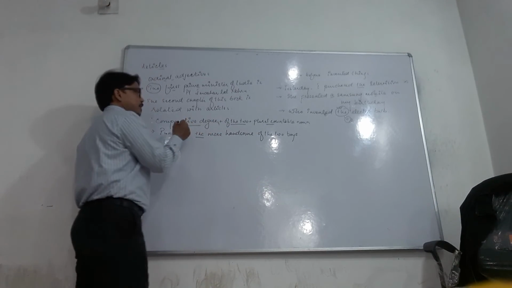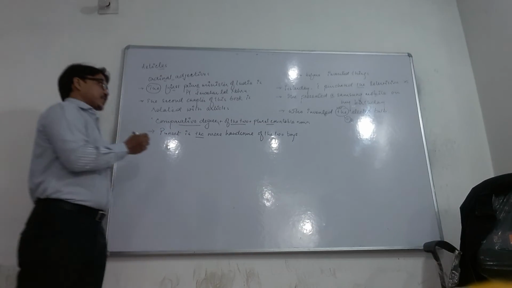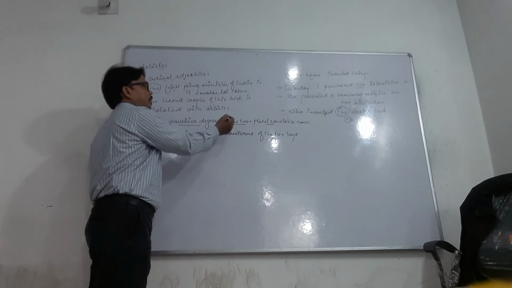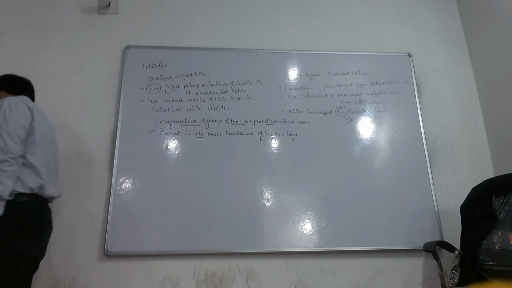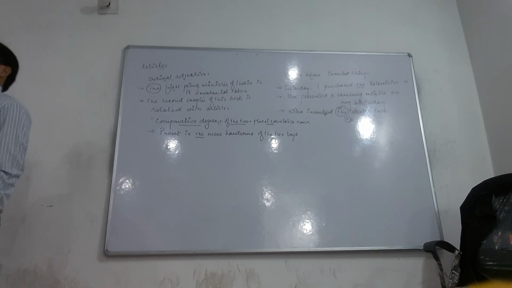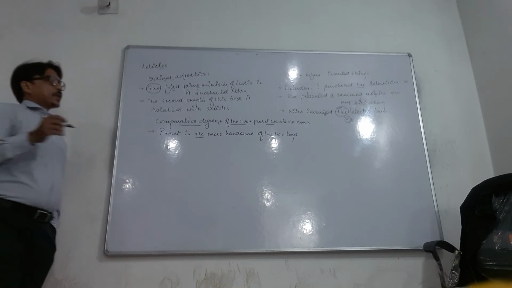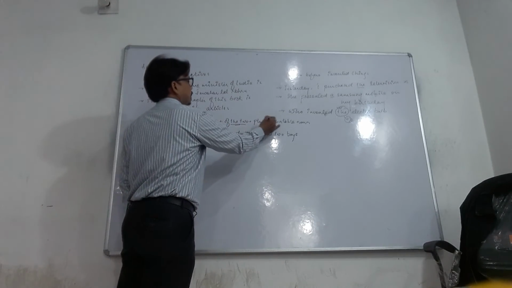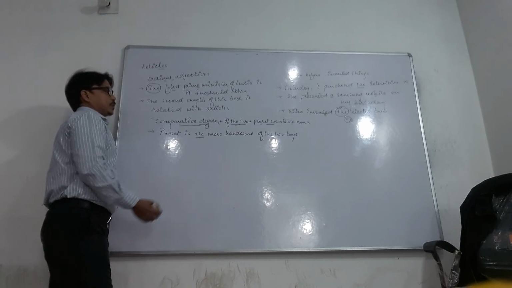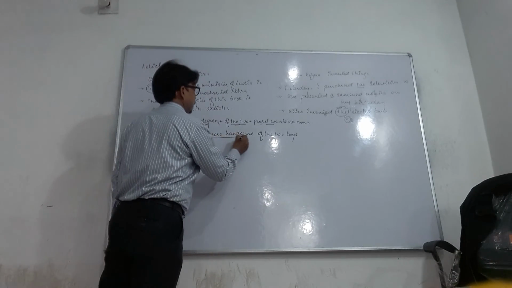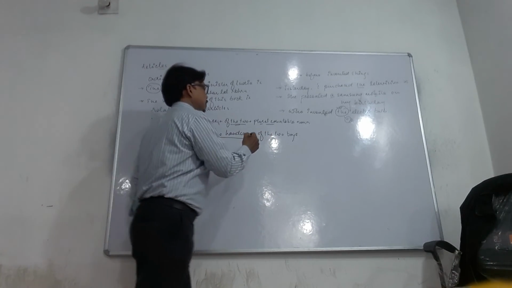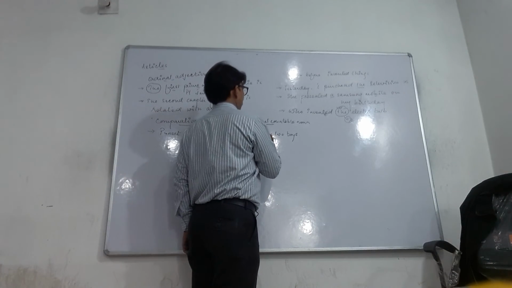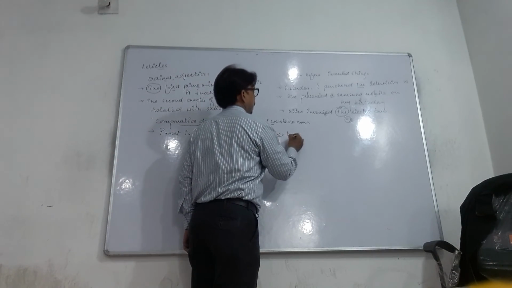Whenever we use this structure, comparative degree plus of the two plus plural countable noun, here this is the comparative degree, then of the two, plus plural countable noun.